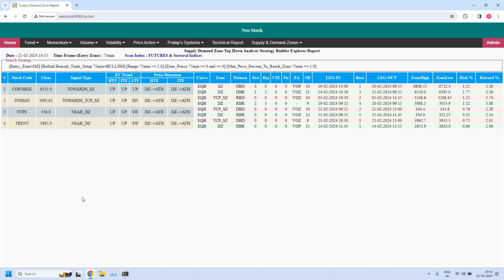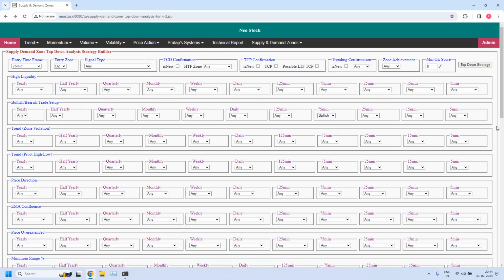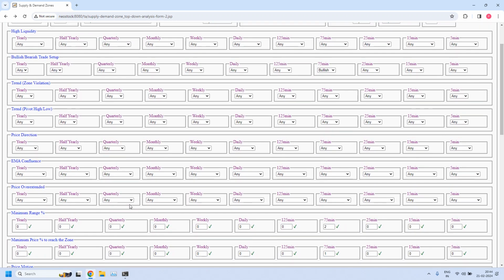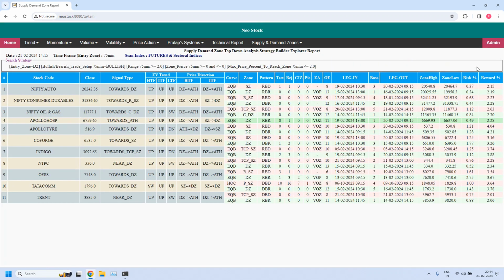Now let us look for the stocks which is near at least 2% to the demand zone. So maximum price to reach the zone at 75 minutes, I am changing 1% to 2%. Let us filter. Now 11 stocks are filtered which are near 2% to the demand zone. And Tatacom is within 2%.